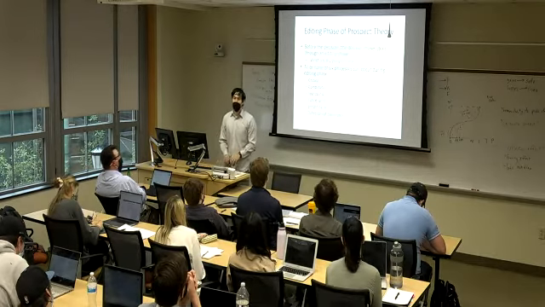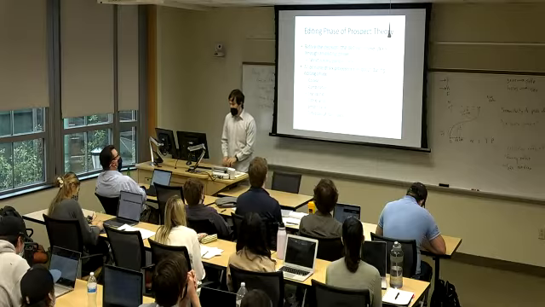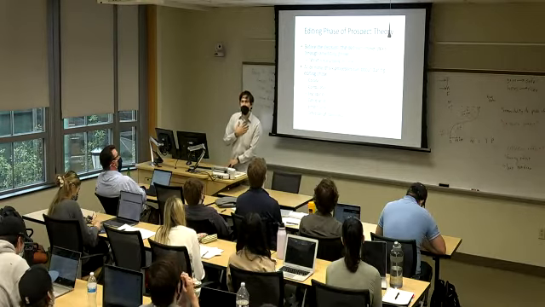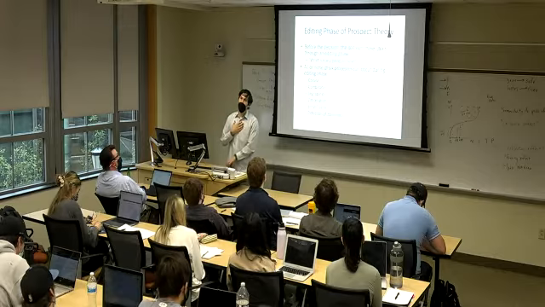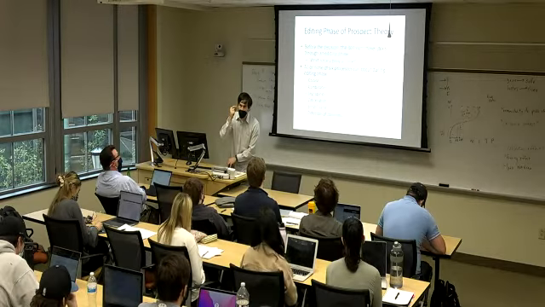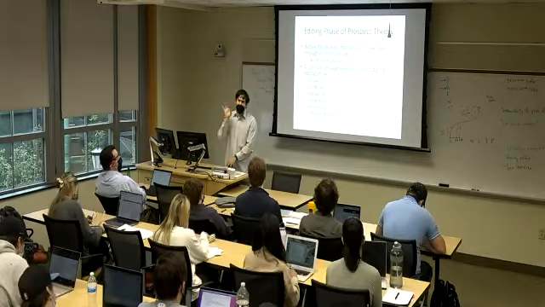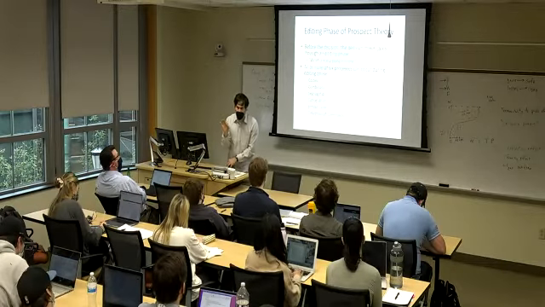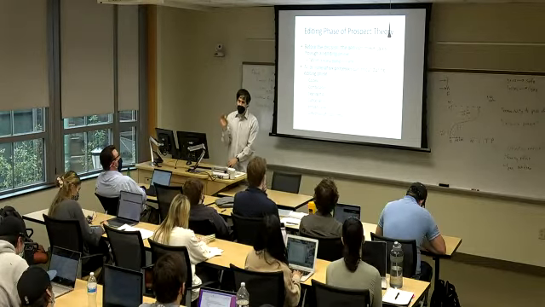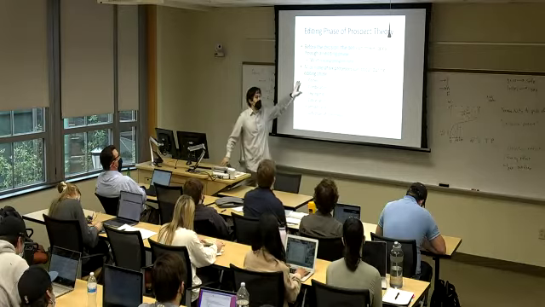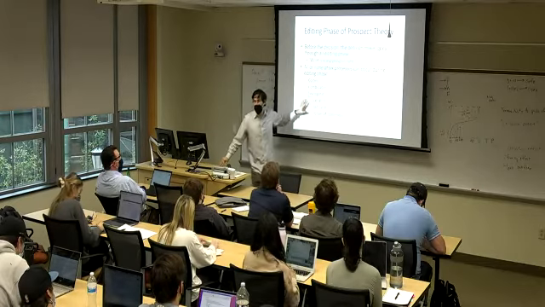This is the editing phase of prospect theory. What is the editing phase? I like to think of it as your brain telling itself, before I start really thinking about this problem, let me just make sure I understand what's going on here. What's really going on here? That's what the editing phase is. I'm not going to ask you to repeat these, but you can write them down if you want.